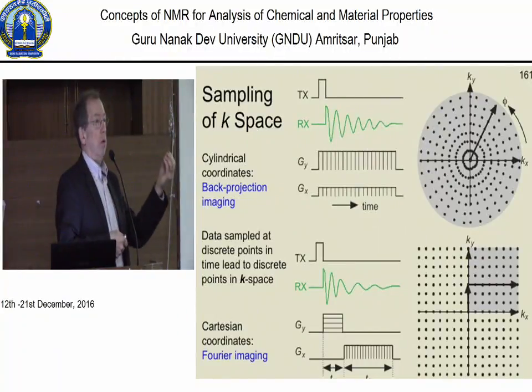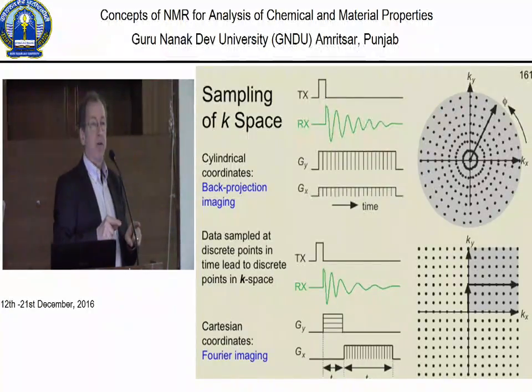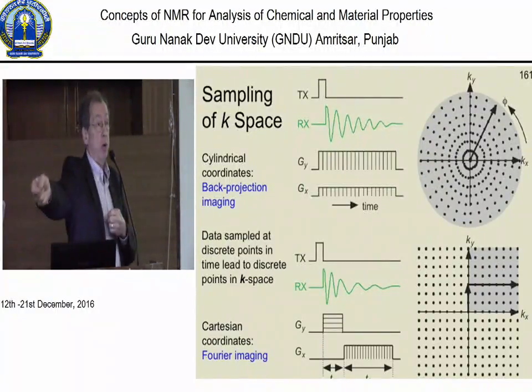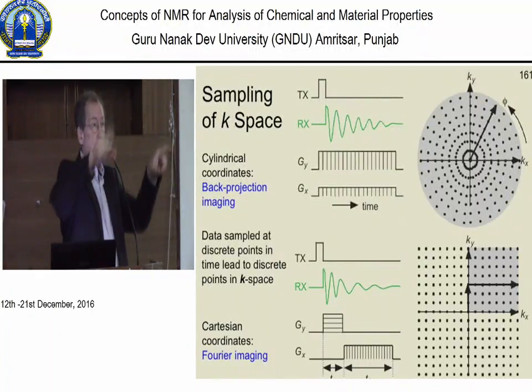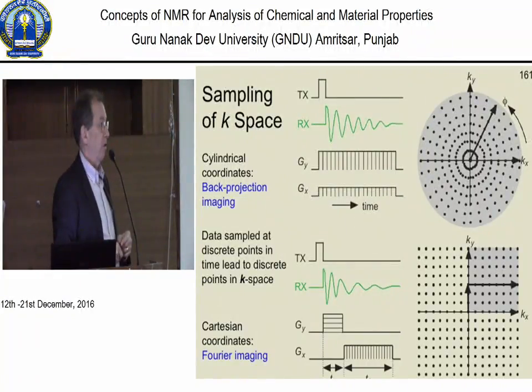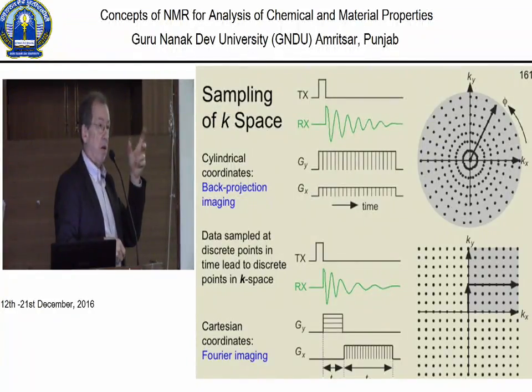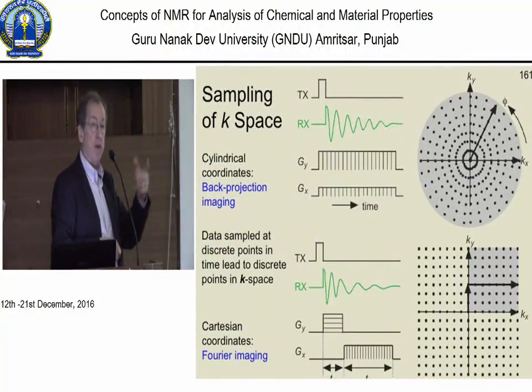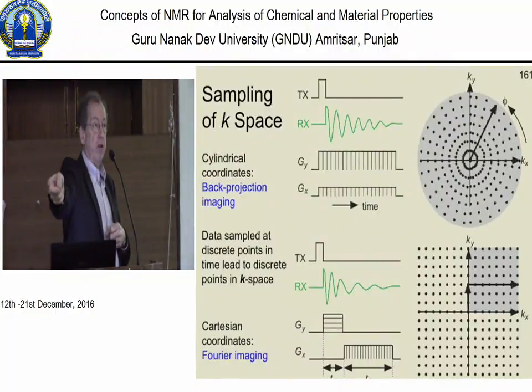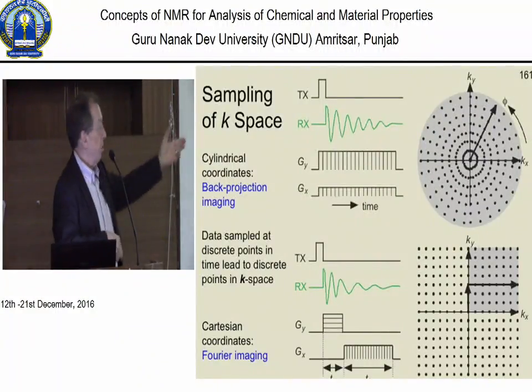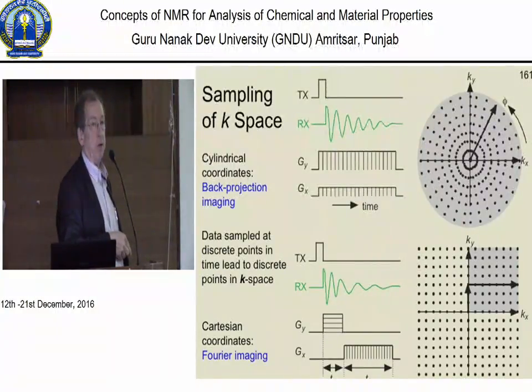So you have to get many data points in k-space, and if you have as many data points in k-space as you want to have points in your image or pixels in your image, then you can do the math either by setting up a linear set of equations to calculate all the measured phases and the known values of k into the positions that you want to know, or more easily you do a two-dimensional Fourier transformation.